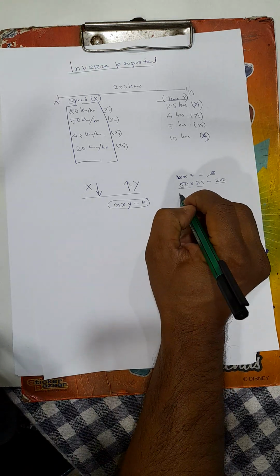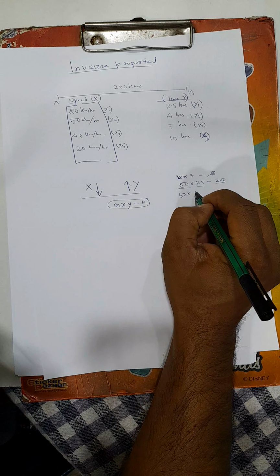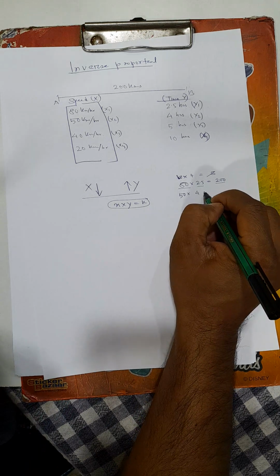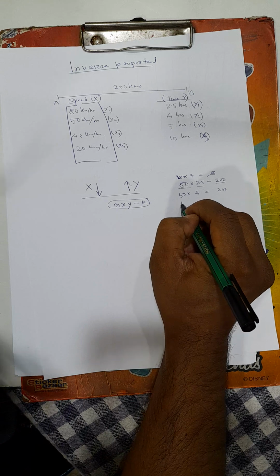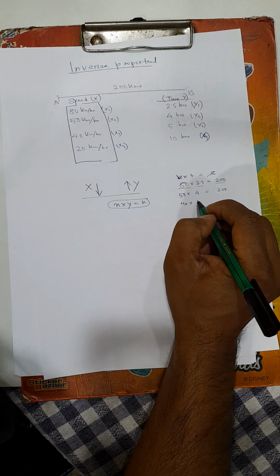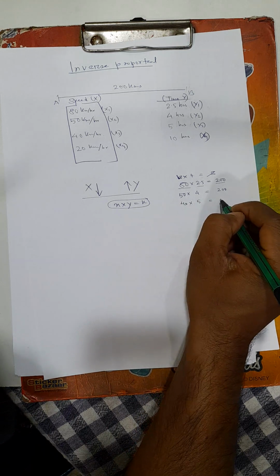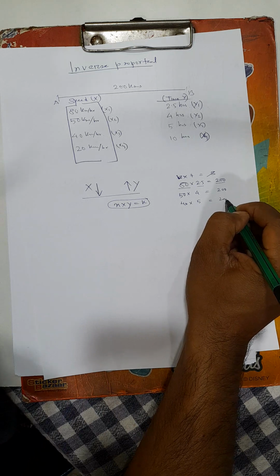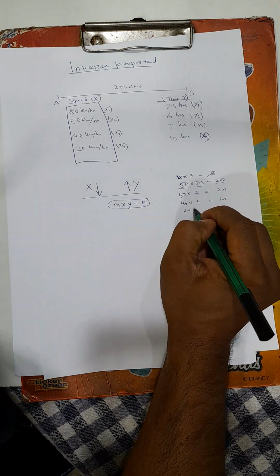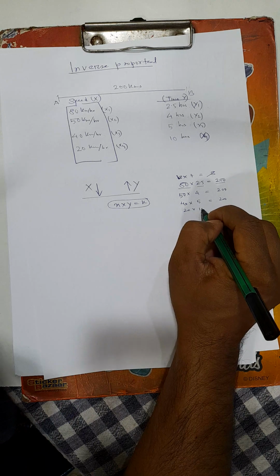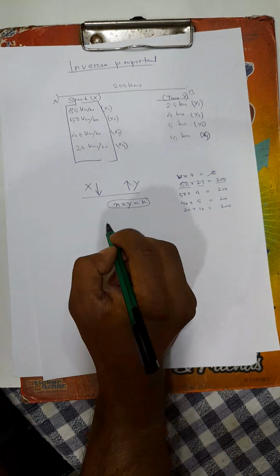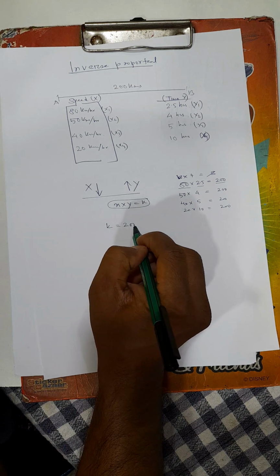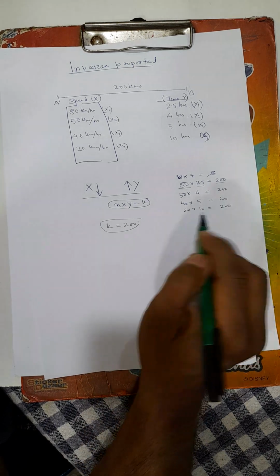When you are traveling at 50 km per hour, you will take 4 hours. 50 into 4, 200. When you are traveling at 40 km per hour, you will take 5 hours. 40 into 5, 200. When you are traveling at 20 km per hour, you will take 10 hours. 20 tens are 200. So here k equals 200, a constant.